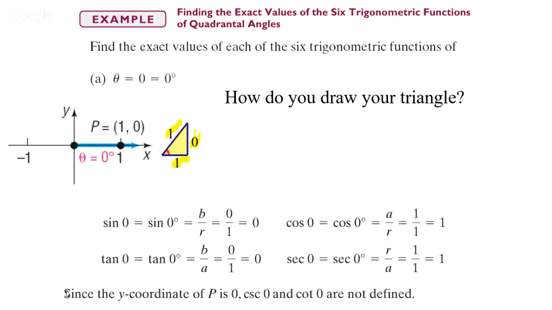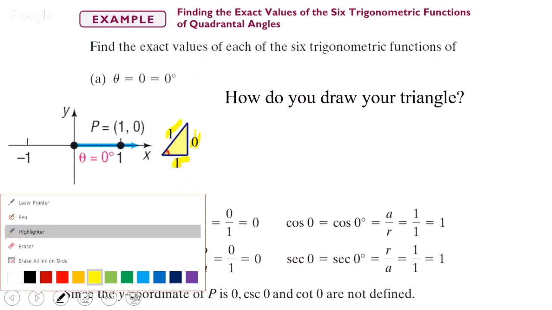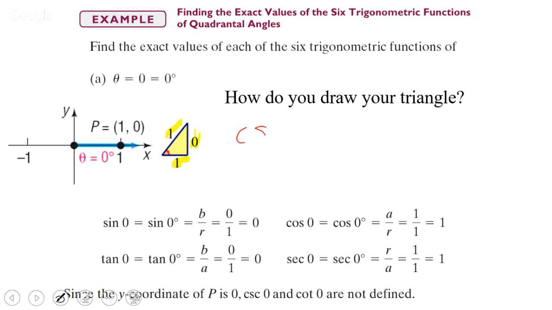And then I can do my reciprocal identities. That's where things get a little bit different. The reciprocal for sine is cosecant, and cosecant is going to be 1 over 0. If I flip the fraction, I get 1 over 0.